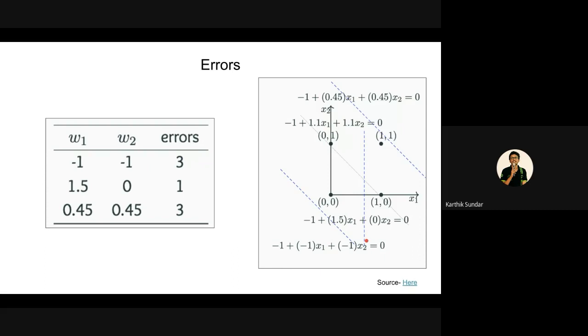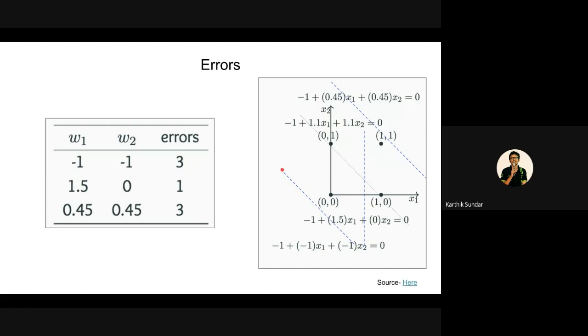Whatever is on the right is predicted as 1, and whatever is on the left is predicted as 0. Since this point should actually be 1, but it's predicted as 0, it is an error. But all other 3 points are classified correctly. So for these particular weight values, the error is 1.